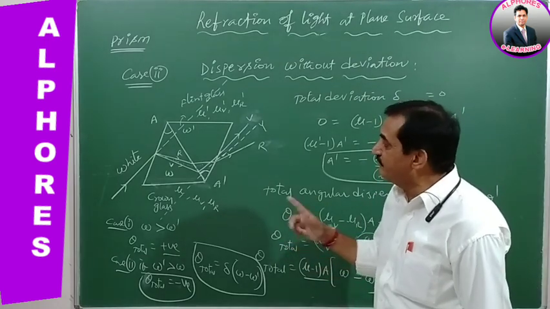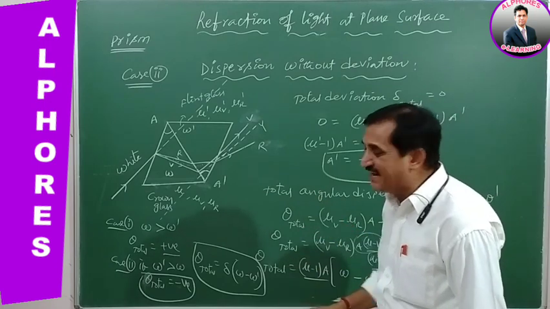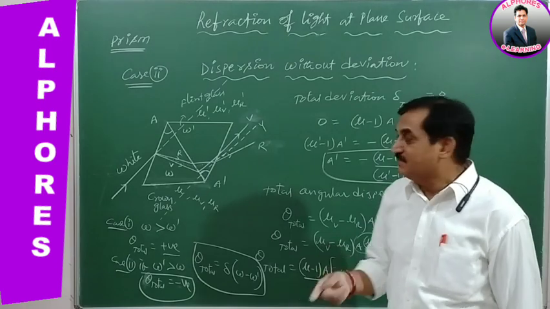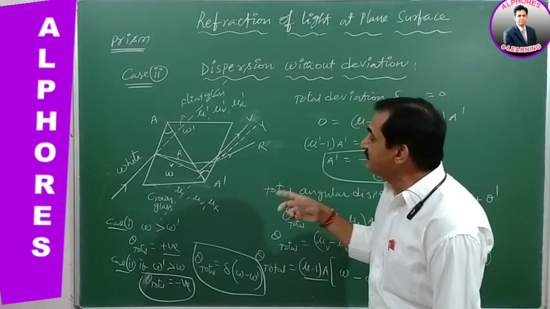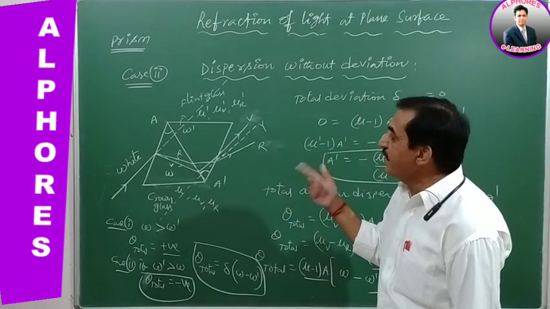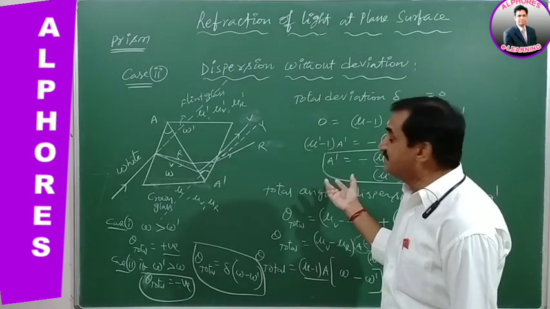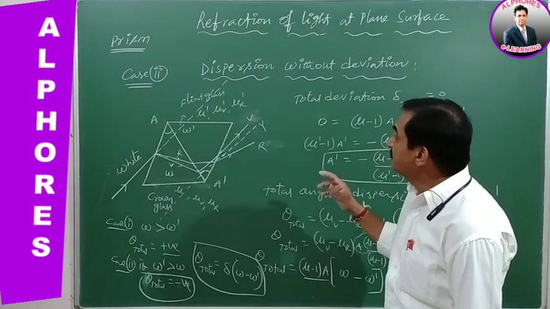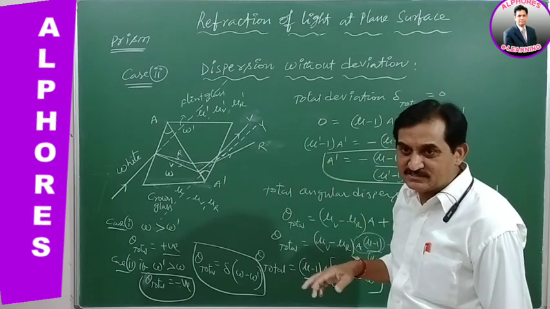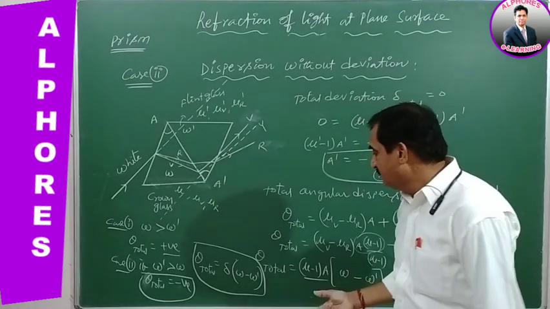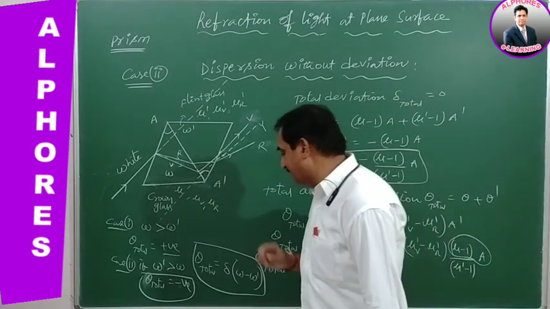The first prism is giving the order of colors red to violet, and the second prism is giving violet to red. That is, the first prism is giving the colors with red up, violet down, and the second prism gives emerging light rays in which violet is up and red is down. So in this way the colors will be inverted whenever omega dash is greater than omega.